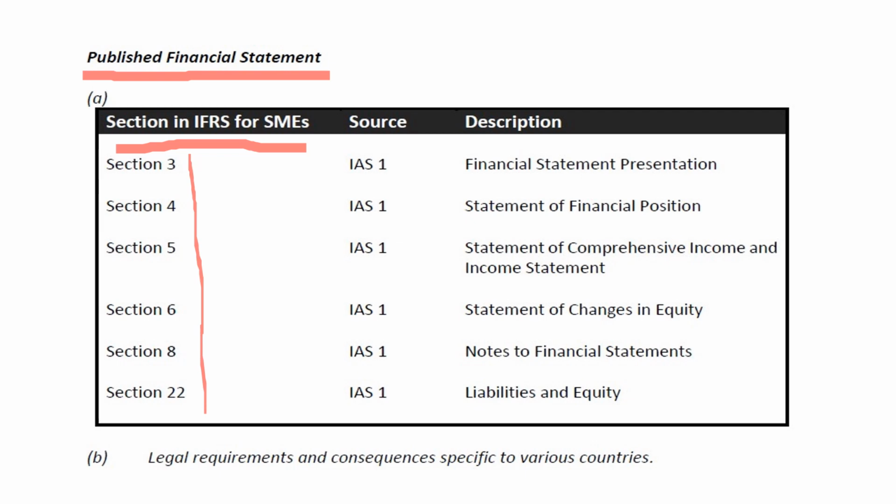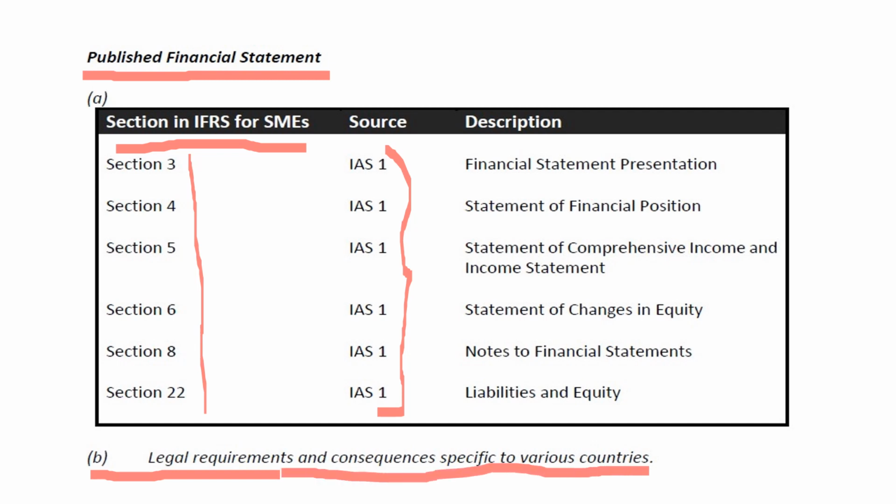They deal with the preparation of financial statements for publication. The second part here, the legal requirements, deals with the Local Companies Act and what transpires in the different countries of the Caribbean area. So we should be acquainted with it.